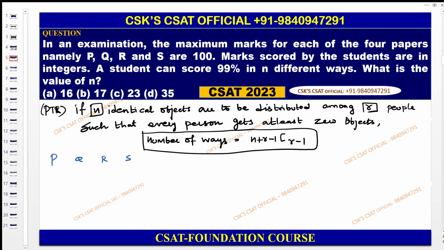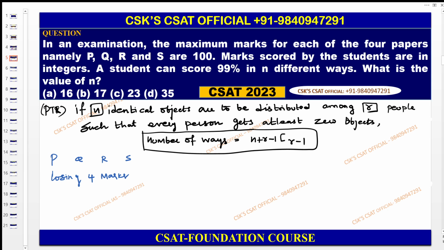So when at least 1 zero is there, you can distribute that 4 marks among the 4 papers, right? You are losing only the 4 marks.